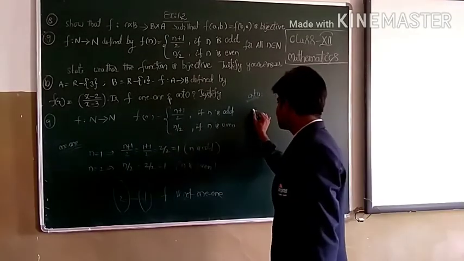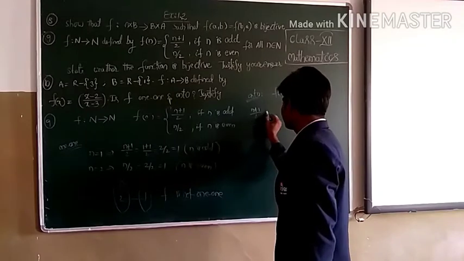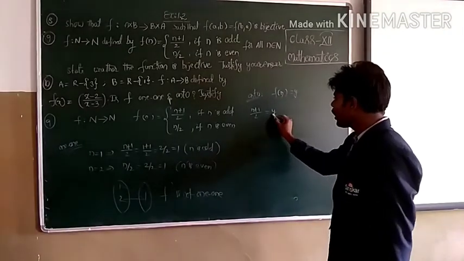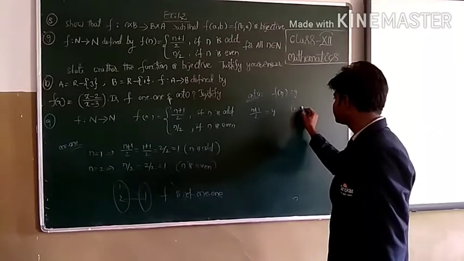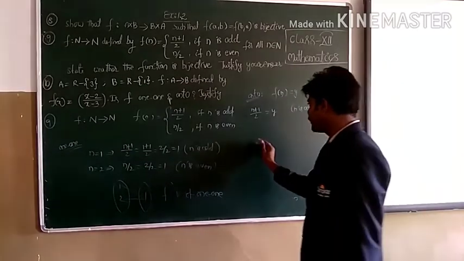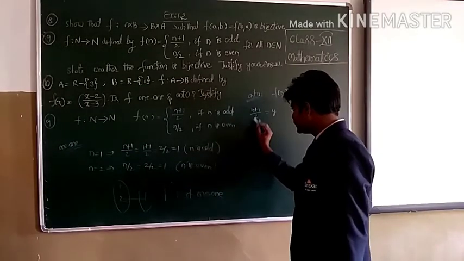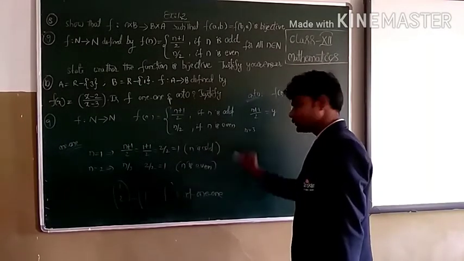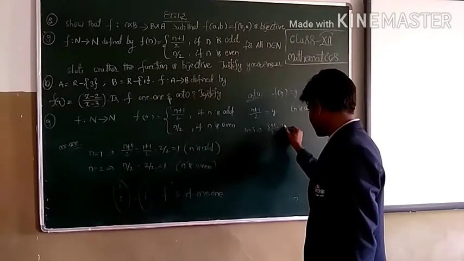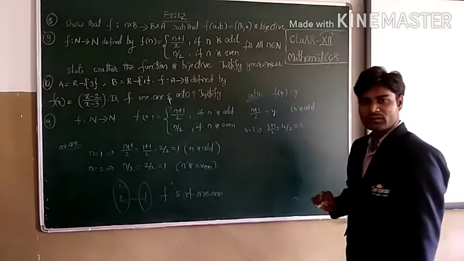The first case is n plus 1 by 2 is equal to y, if n is odd. Now let's take one odd number. Suppose I consider n equals 3. Then 3 plus 1 by 2, 4 by 2, is equal to 2.